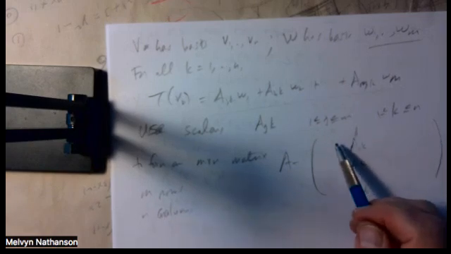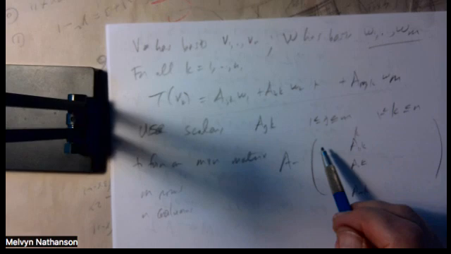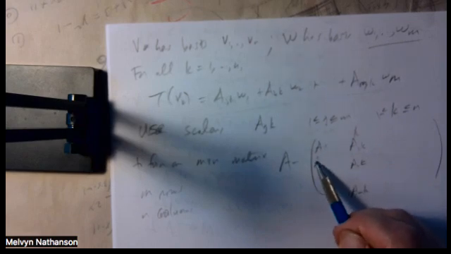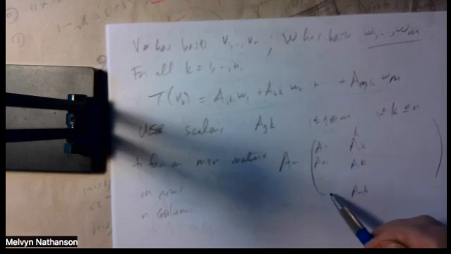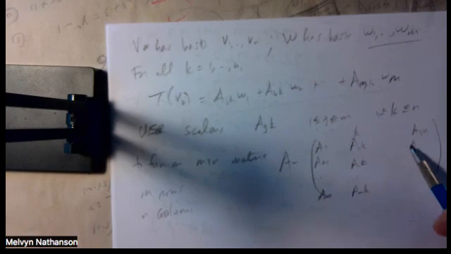So the first column is A11, A21, down to Am1. And the nth column is A1n, A2n, down to Amn. So I've associated to every linear map a matrix.